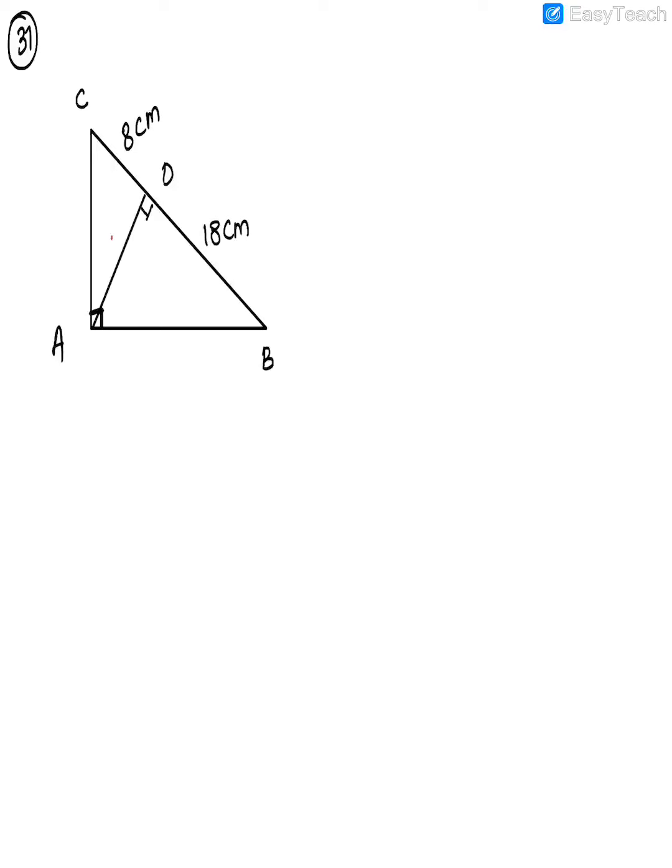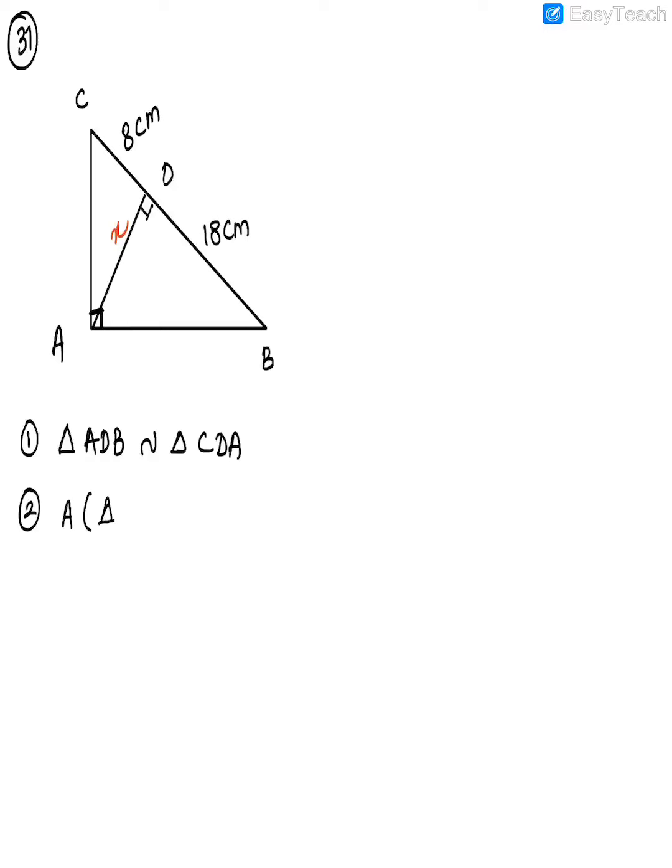Number 2, they are asking us to find the ratio of the area of triangle ADB upon the area of triangle CDA. This is the ratio they are asking us to find. So basically, once you prove the triangles similar, then it will be easy for you to find the ratio of the areas of the triangles.